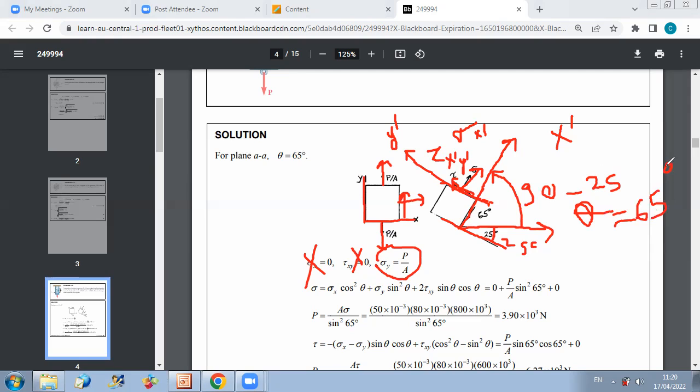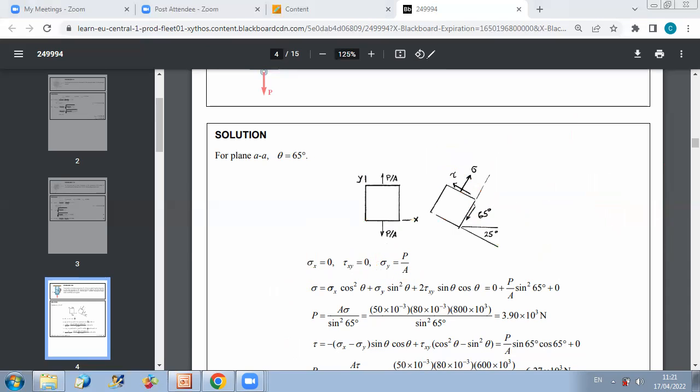And now, accordingly, I can calculate the values of sigma and tau in my glued section, knowing the values of sigma x, sigma y, tau xy, and the angle 65. I just have to replace in the formulas developed in the course material.